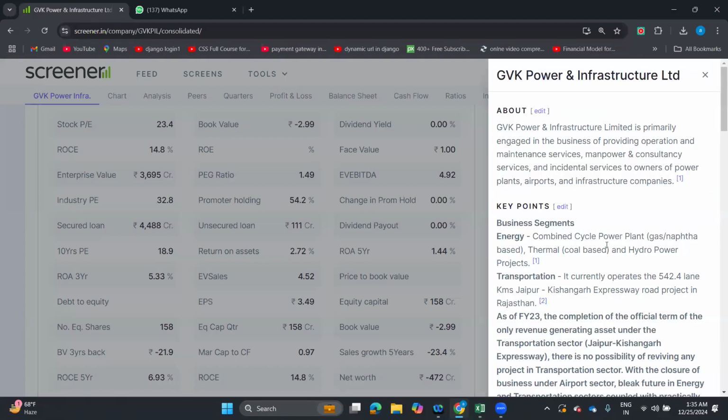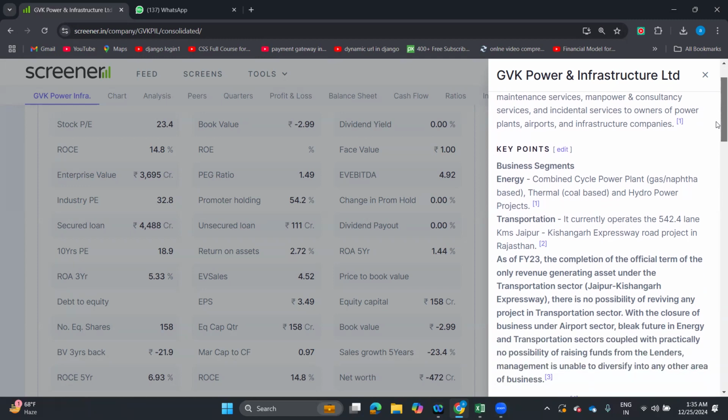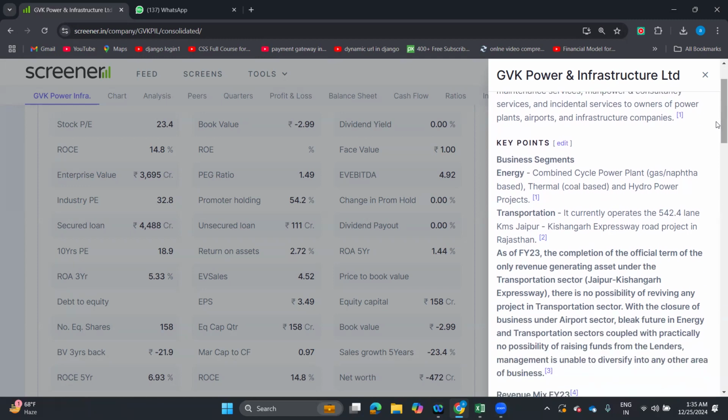This combined cycle power plant, gas or naphtha based, thermal, coal based, and hydropower projects. So they are into these different types of power plants, from thermal to hydro to gas or naphtha based. It's a combined facility that they are operating. So this is GVK Power.